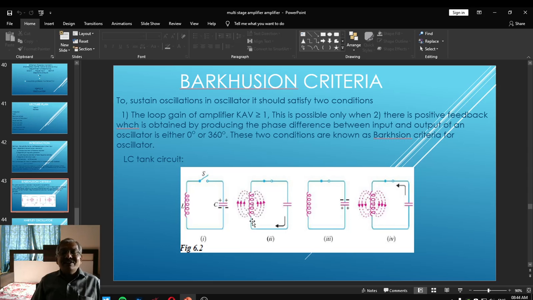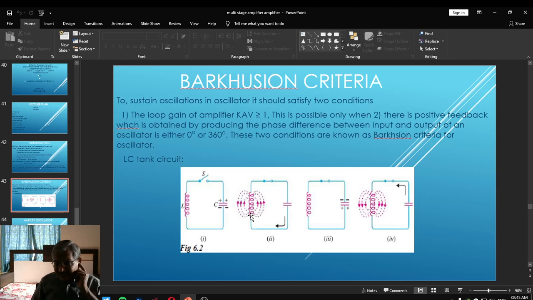Direction of current decides the direction of the magnetic field developed across the inductance coil. The process continues till the steady state of magnetization is reached across the inductance coil.